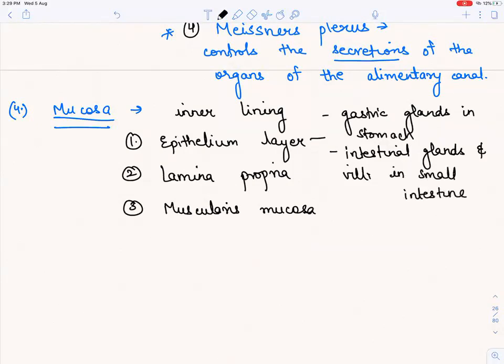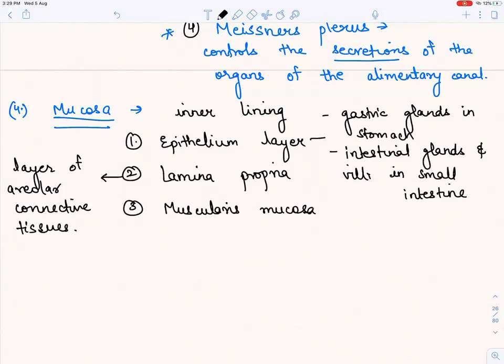What is lamina propria? It is a layer of areolar connective tissue which contains blood vessels, lymphatic vessels, and so on.